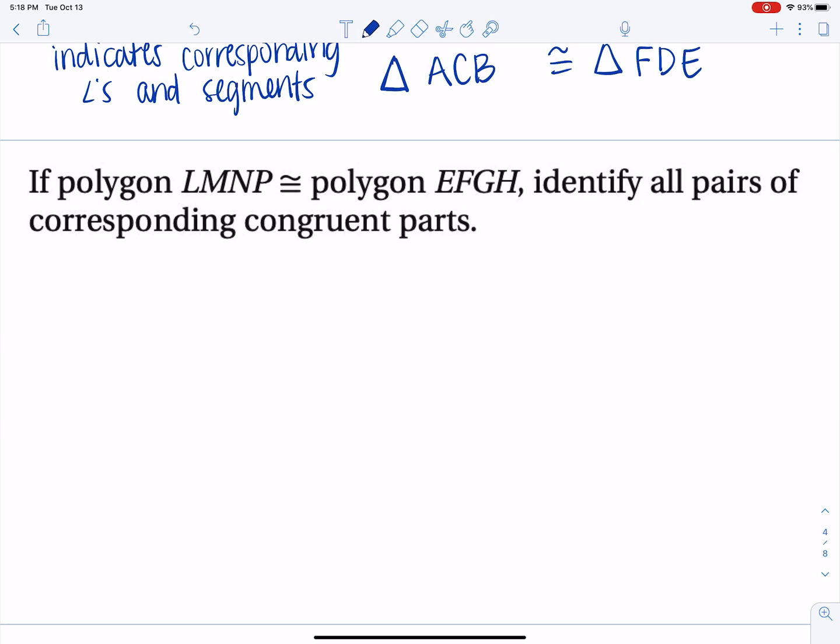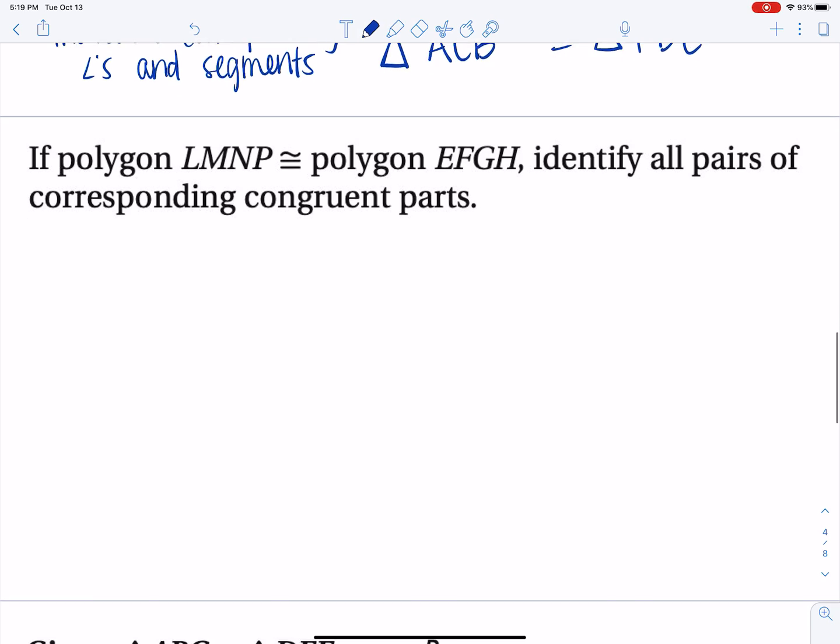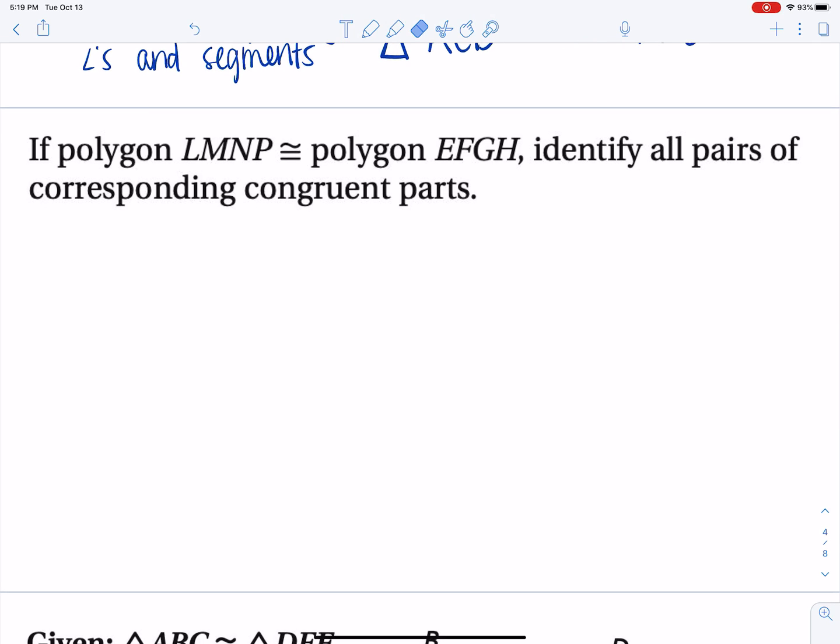So here we have polygon LMNP is congruent to polygon EFGH. And my first reaction is that these are not triangles we're talking about. Even though a triangle is a polygon, I see 4 letters, so I know that this is some type of quadrilateral. But we can still look at the order of the letters and use that to write all the corresponding parts. So I'm going to highlight the first letters here.